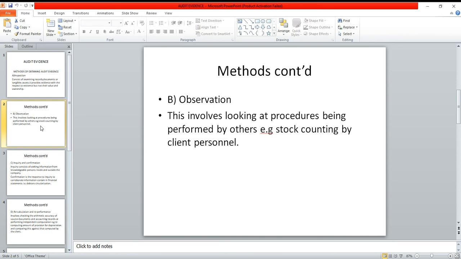It ensures that the counting process is in order and done from the first item to the last item. Also, the recording of the information that has been counted should follow that precise manner and order in which they are recorded.